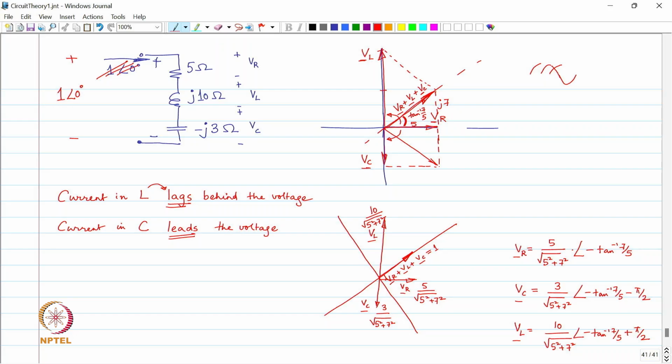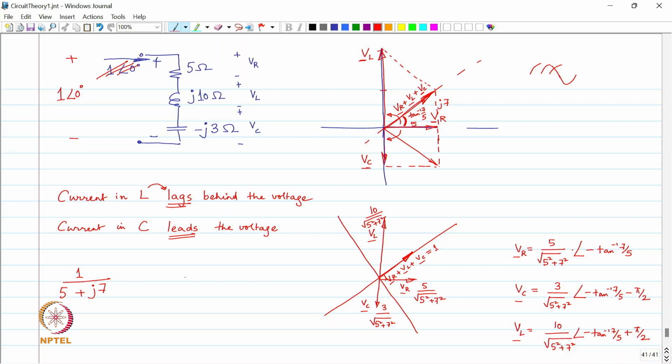Of course, you could always have computed this with your calculator, it is nothing much. Okay. But how would you have done it? The current is going to be 1 divided by 5 plus j7, that is the current. Okay. And that current into 5 ohms.